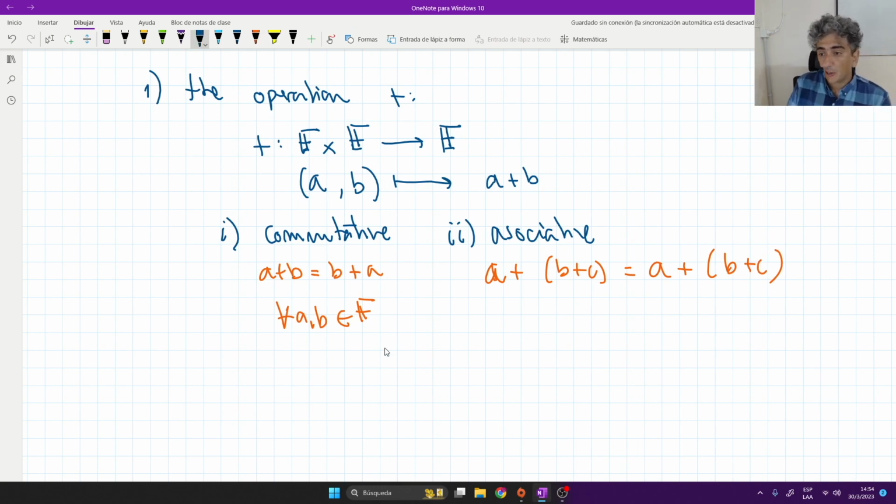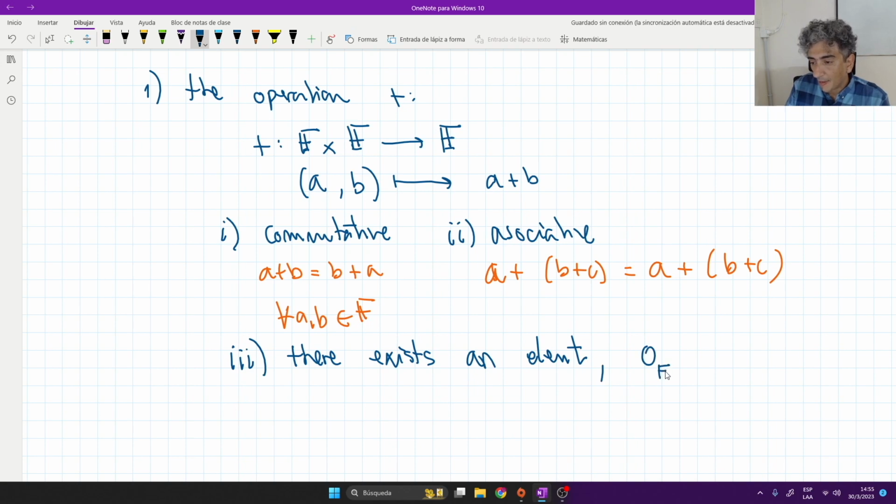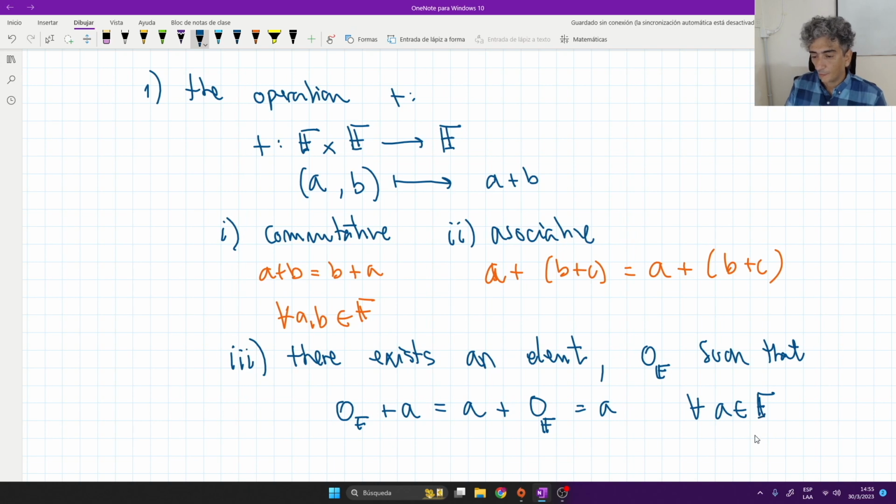Another thing we're going to ask for this operation is that there exists an element 0 sub F such that 0 sub F plus a is the same as a plus 0 sub F, and this is a, for every a in F, right?